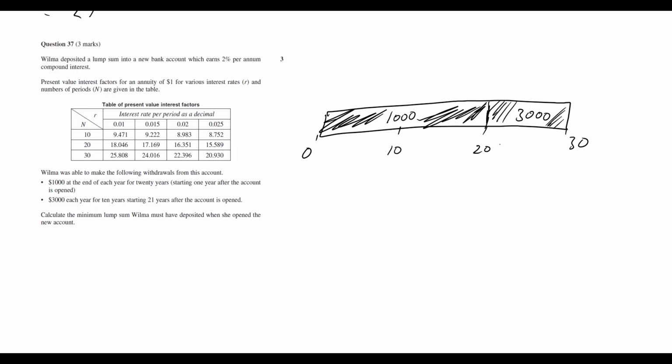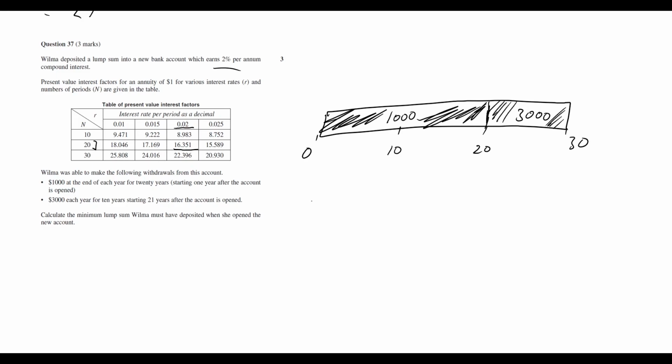And so the reason that I try and draw this out is because we can actually figure this out pretty nicely. Well, first of all, one thing we do know is that it's 2% per annum, so we're definitely going to be using this column here. All this other stuff is just to sort of throw you off, I suppose. Now, if we wanted to figure out the first 20 years, we know that it would be this row here for the 20, and so we would find that we have 16.351.